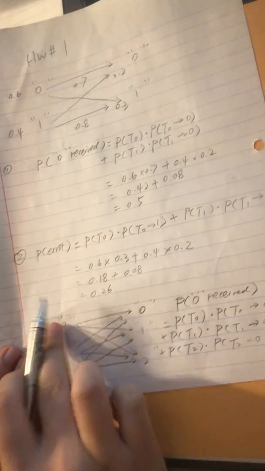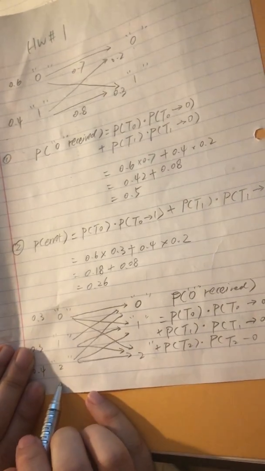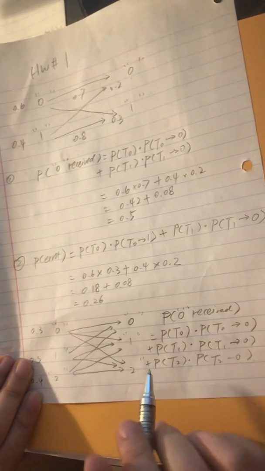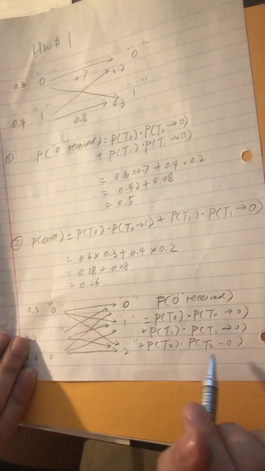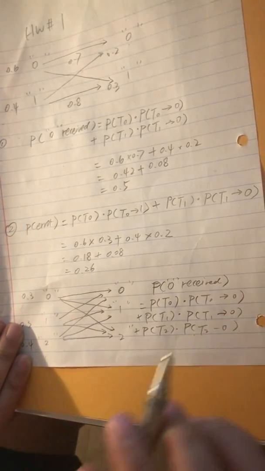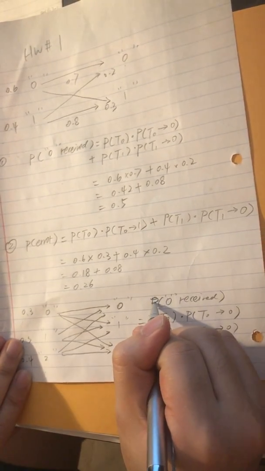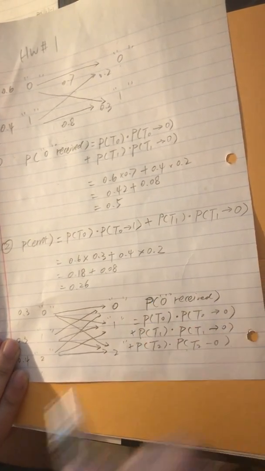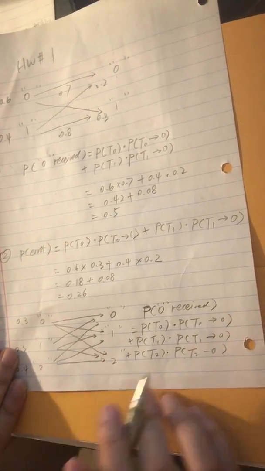So in this case, if we add the new signal, we only need to add the signal transmitted to 0.